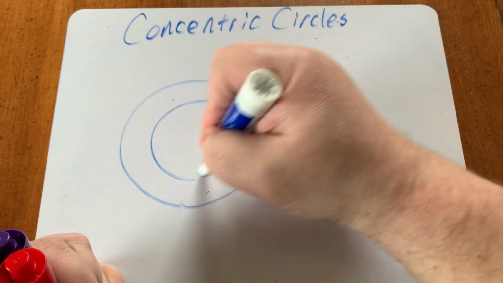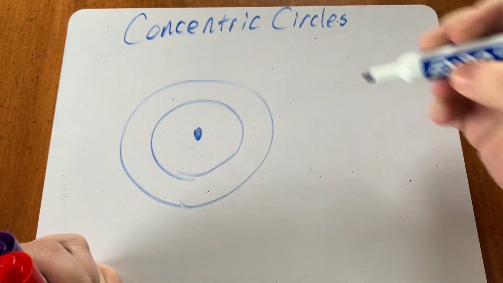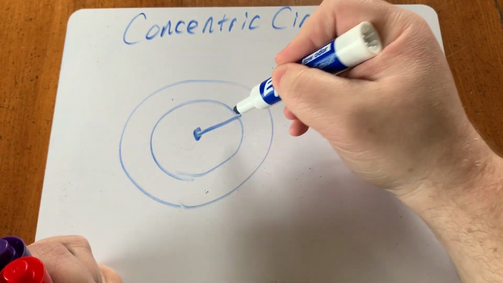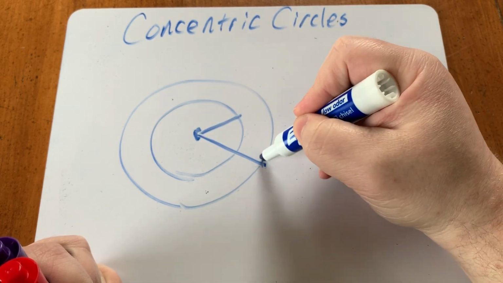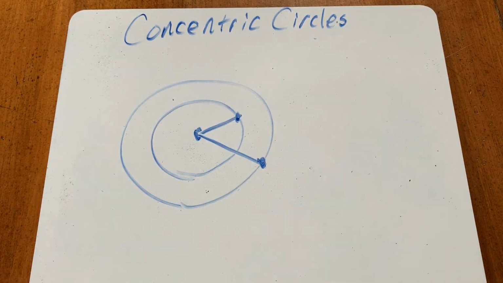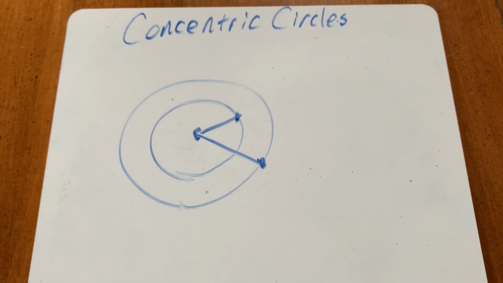So if you had like a target, these two circles share the same center. All right? So that's what are called concentric circles. They're two different circles with the same center.